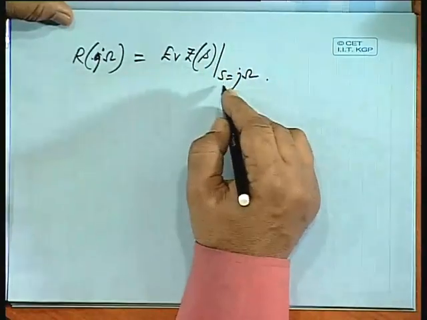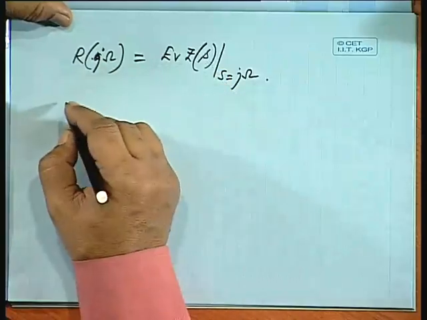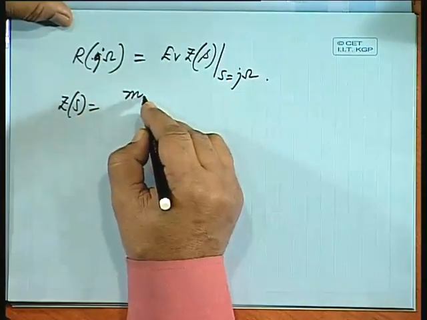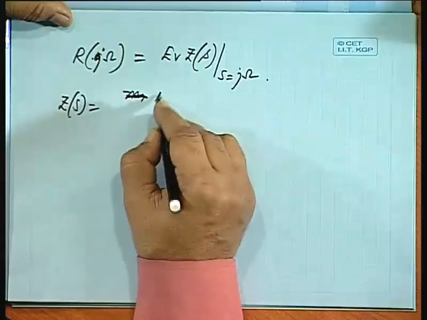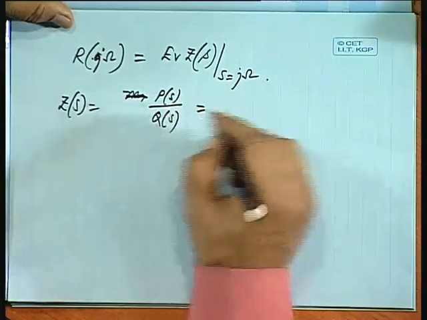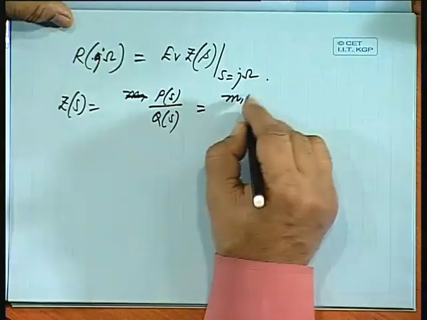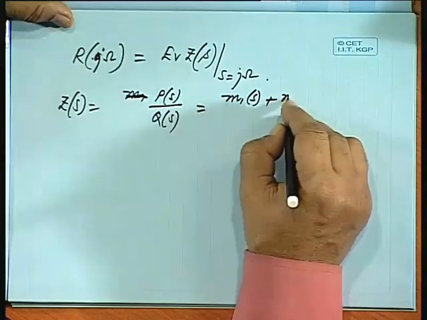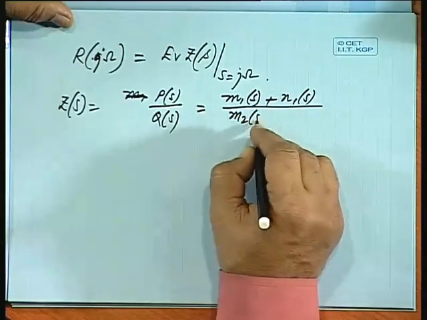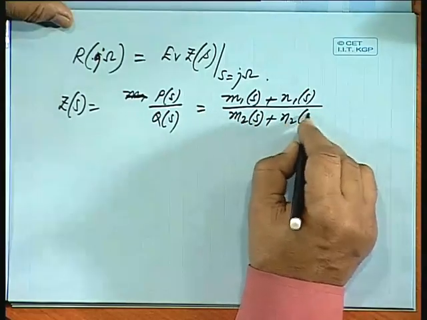So, even Z(s), if we can evaluate, suppose Z(s) is written as some polynomial, okay, P(s) by Q(s). I can write P(s) in terms of an even part and an odd part. Similarly, Q(s) in terms of an even part and an odd part.